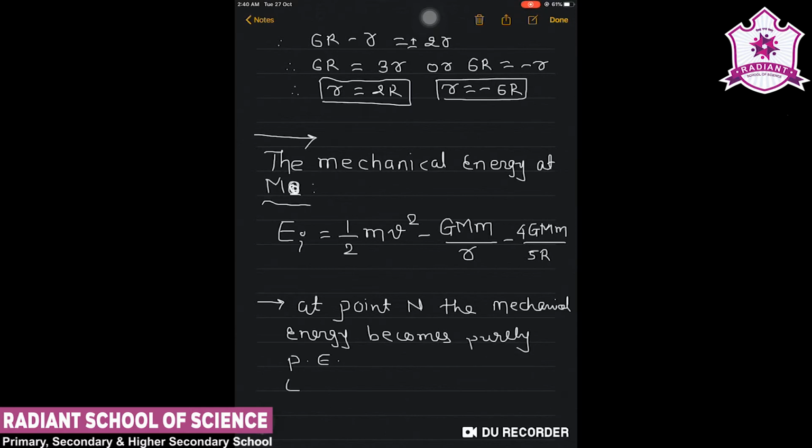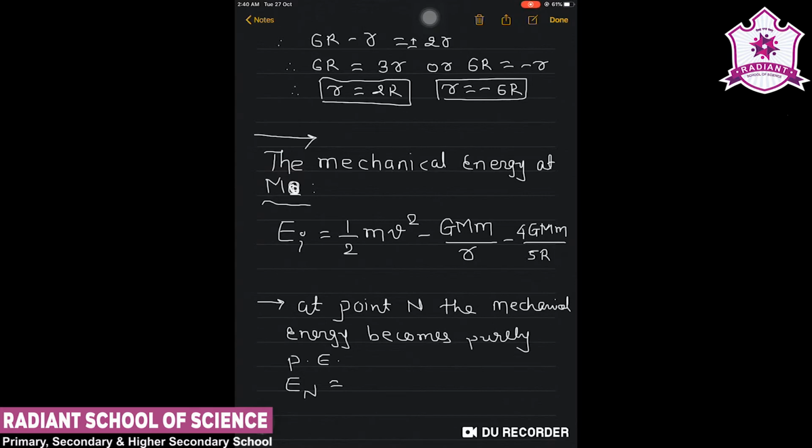So the energy at point N is given by, now the distance small r is obtained as 2R in the above calculation.